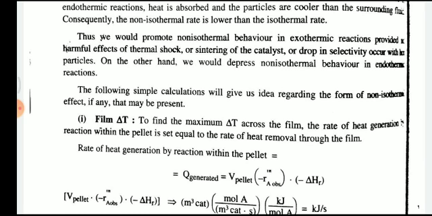Film delta T. To find the maximum value of delta T across the film, the rate of heat generation by the reaction within the pellet is set equal to the rate of heat removal through the film.